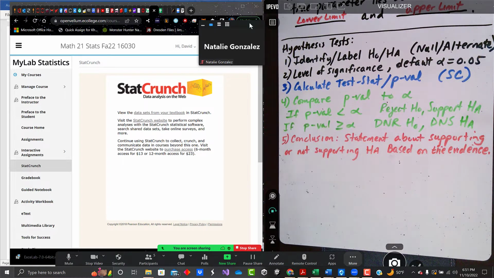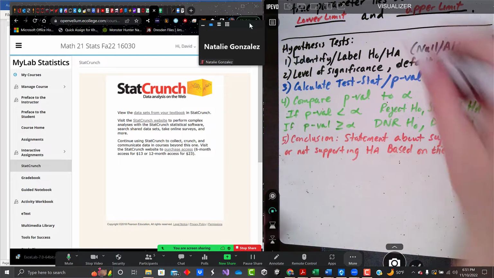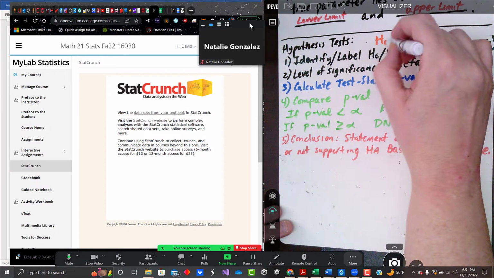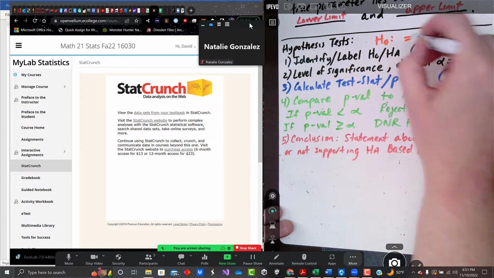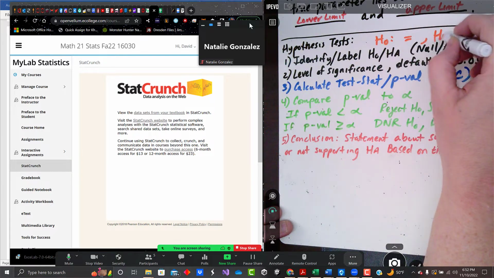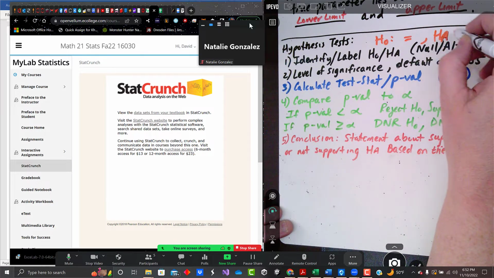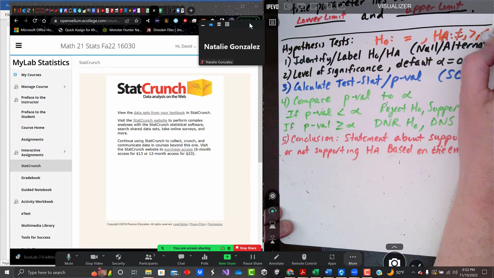Give you a pause. As a reminder, H0 always had the equal sign in it. And HA had the not equal, greater than, or less than.